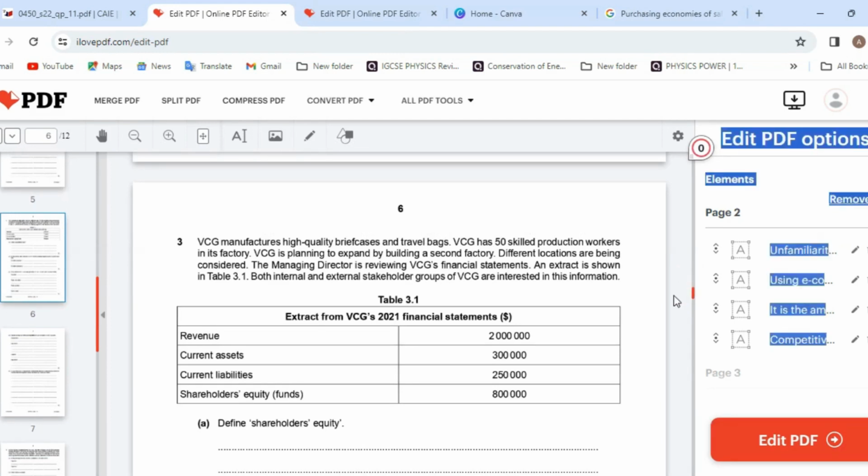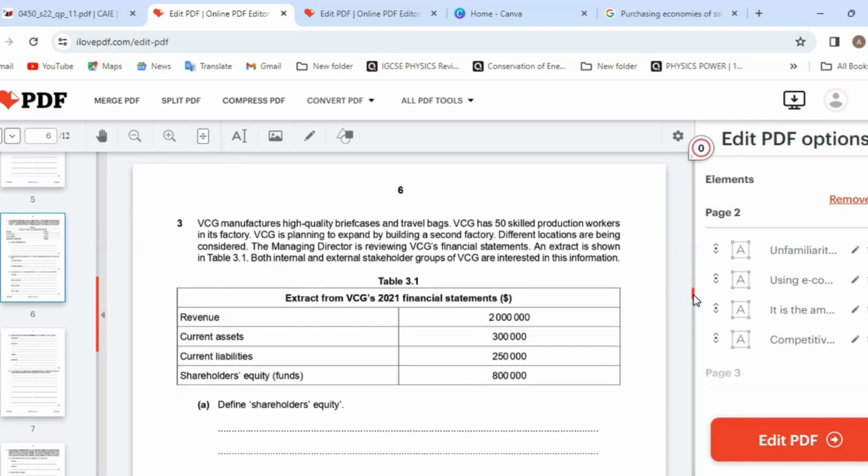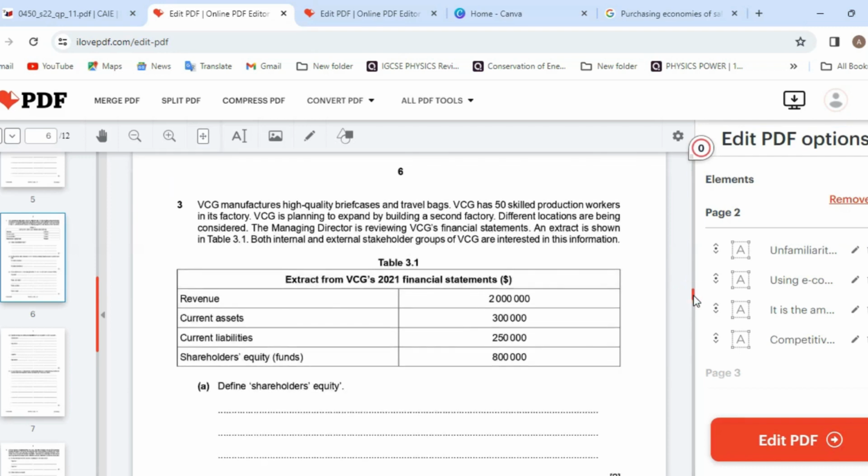Let's quickly go through this appendix first before we come back to our question. VCG manufactures high-quality briefcases and travel bags. VCG has 50 skilled production workers in its factory. VCG is planning to expand by building a second factory.